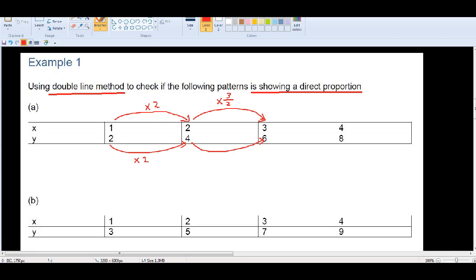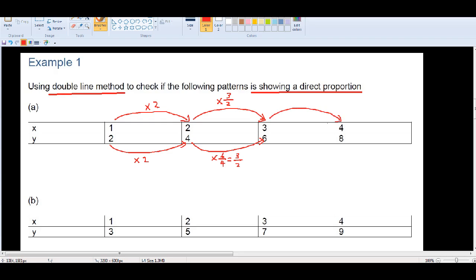From 4 to 6, it times 6 over 4. Is 6 over 4 equal to 3 over 2? If you do a little simplification, you see they are equal. So from the second number to the third number, we still keep the ratios the same.